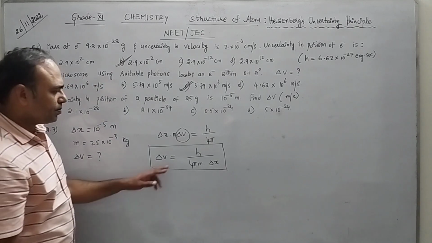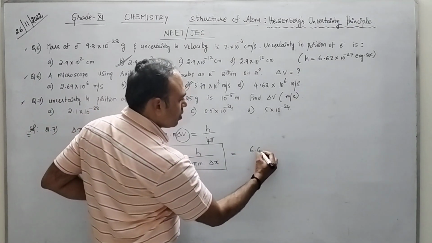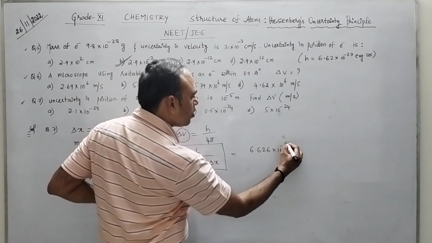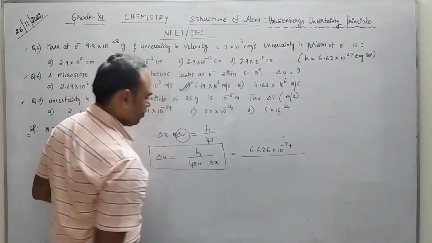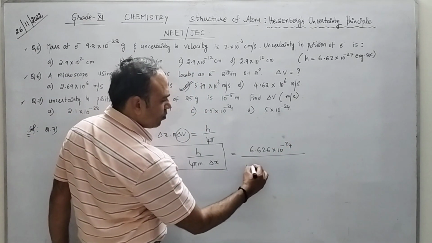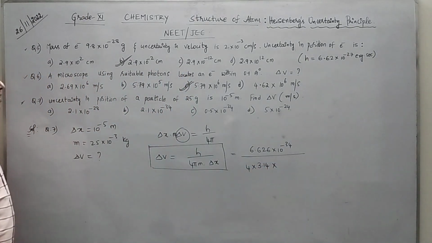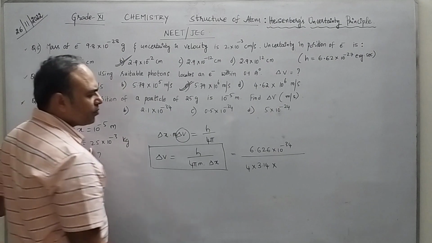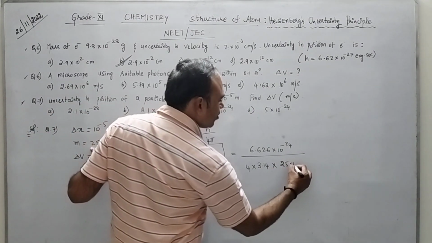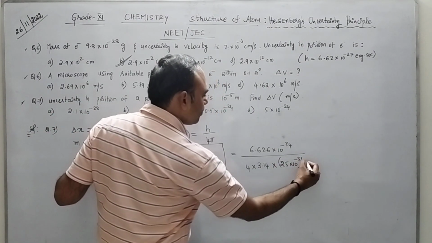Now substitute Planck's constant 6.626 into 10 to the power of minus 34 divided by 4 into pi value 3.14. Now what is the mass given? 25 gram. We will take it as 25 into 10 to the power of minus 3 kg.